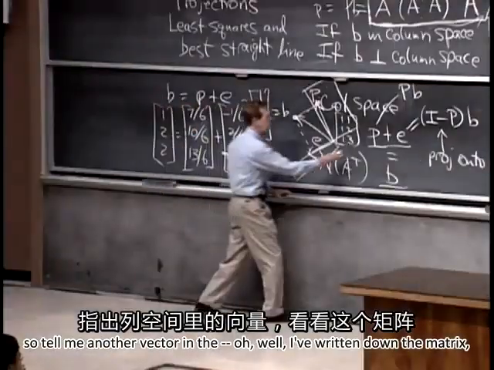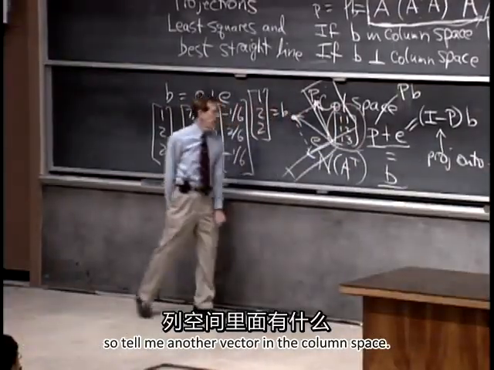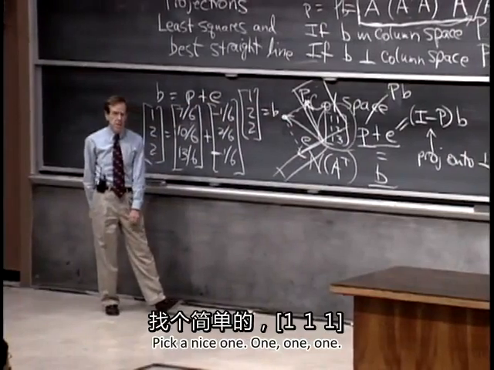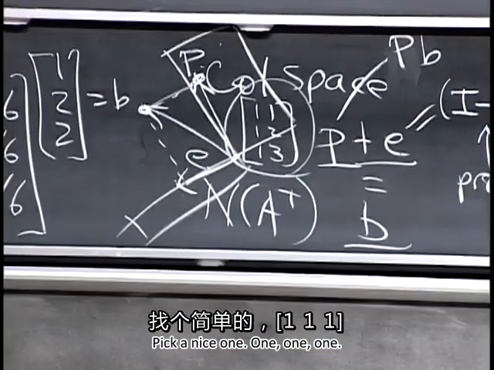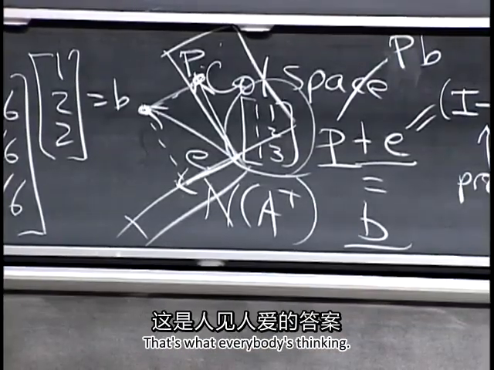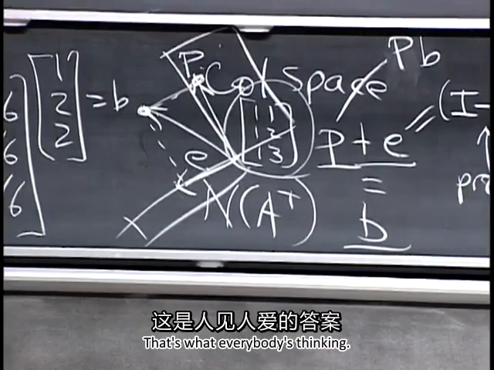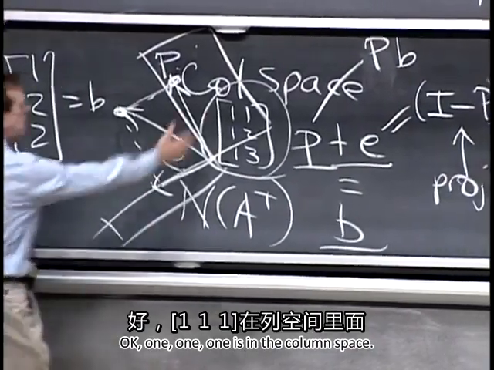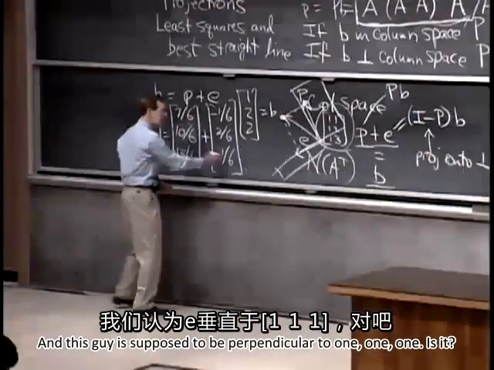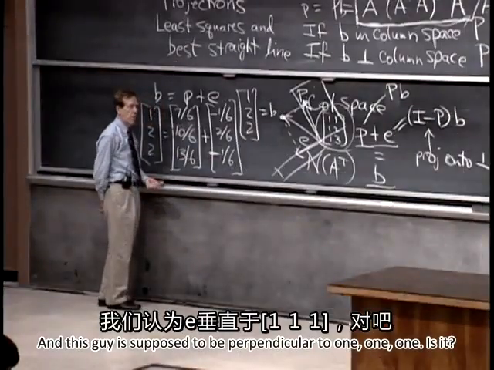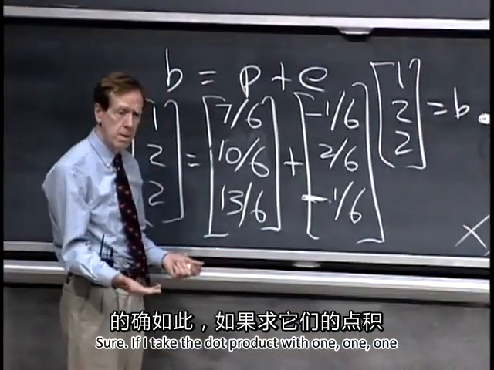Oh, well, I've written down the matrix. So tell me another vector in the column space. Pick a nice one. 1, 1, 1. That's what everybody's thinking. Okay, 1, 1, 1 is in the column space, and this guy is supposed to be perpendicular to 1, 1, 1. Is it? Sure.